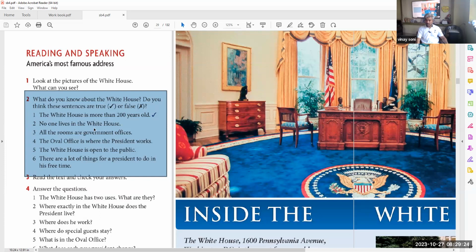Do you think somebody lives in the White House or nobody lives in the White House? Okay. No one lives in the White House. So in your opinion, it is true, right? Okay. Other people, what's your opinion?